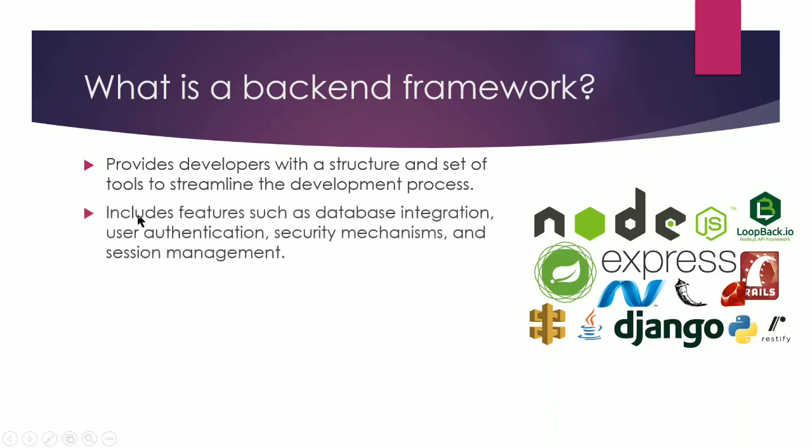The next thing is that a backend framework includes features such as database integration, user authentication, security mechanisms, and session management. By database integration, you can observe that Amazon has a wide variety of products. Those products are stored in some database, and Amazon has user authentication that can be achieved by using the backend.